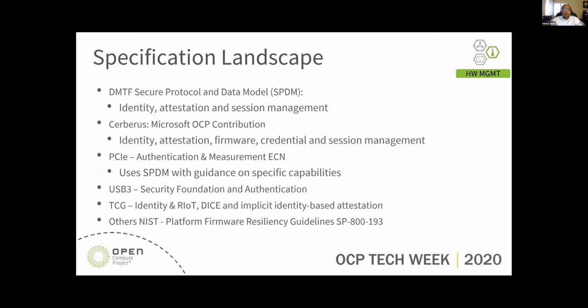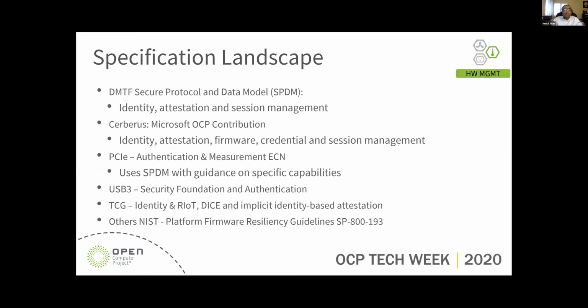From a specification standpoint, it's great to see a number of standards bodies working on this, trying to solve this important problem. From a device vendor standpoint, it also poses a challenge, and we'll get into some later: having this many standards, slightly different, but trying to solve the same problem.